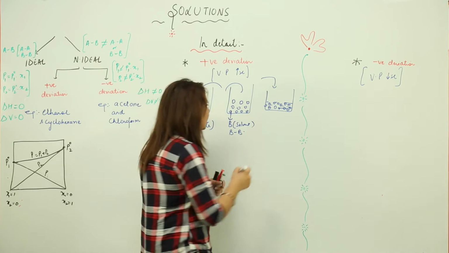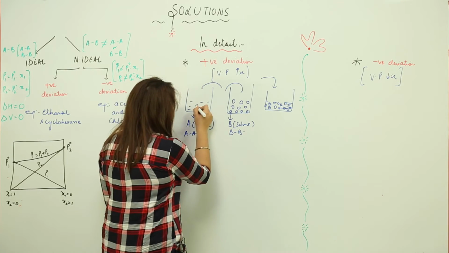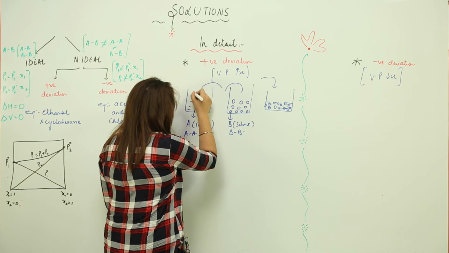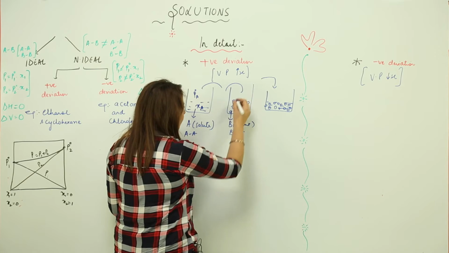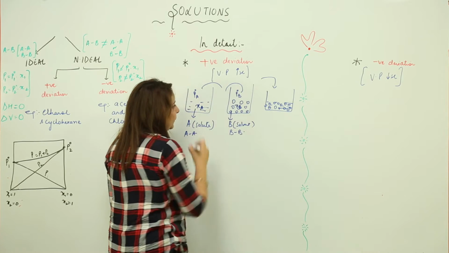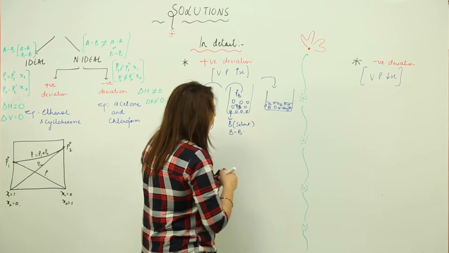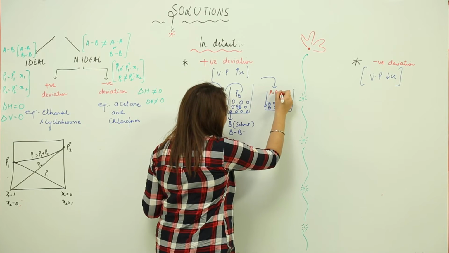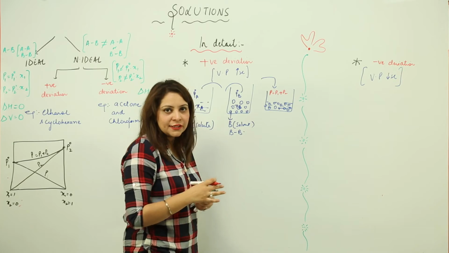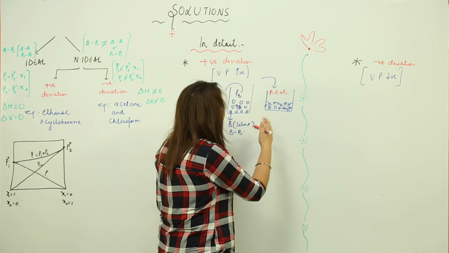So let the mole fraction be XA and the pressure be P naught A, and in this case let the mole fraction be XB and the pressure be P naught B. And what happens in this case now? The total pressure is equal to P1 plus P2, because both are volatile, right.